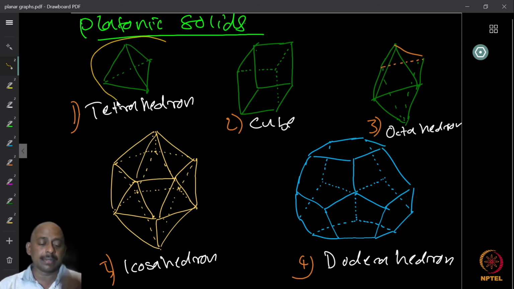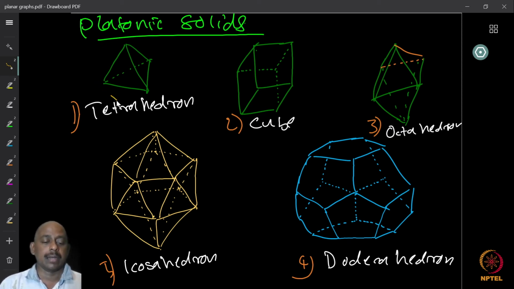The tetrahedron has 4 vertices, 4 faces, and 6 edges. You can verify that.